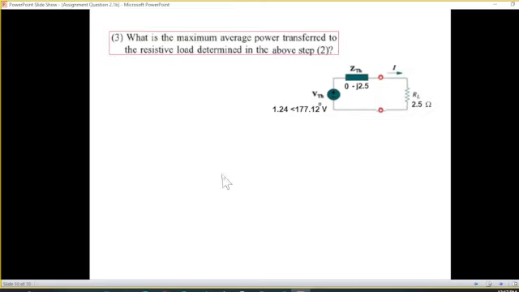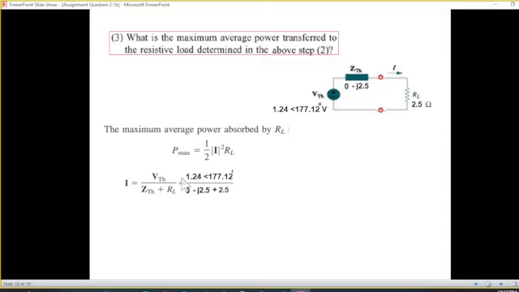Then part 3 is asking, what is the maximum average power transfer to the resistive load? We have found this value of RL. Now we have to find the maximum average power, and as we mentioned, we will use this formula, half I square RL. For that, we need to find I from this circuit. I will be V Thevenin divided by Z Thevenin plus RL.